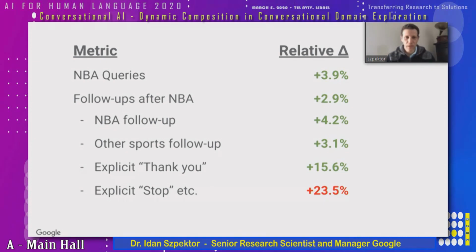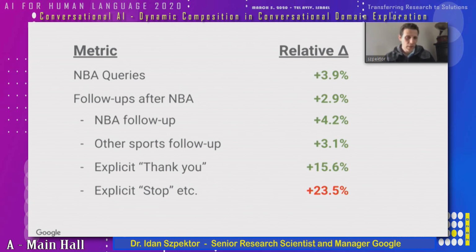But on average, when we look at follow-ups, NBA queries that follow another NBA query in very small time, so around, I think, less than a minute, there was an increase of around 4%. But we also saw a nice increase when users, after they have some NBA queries, follow up to another sports field. So there's an increase of around 3% going that direction.